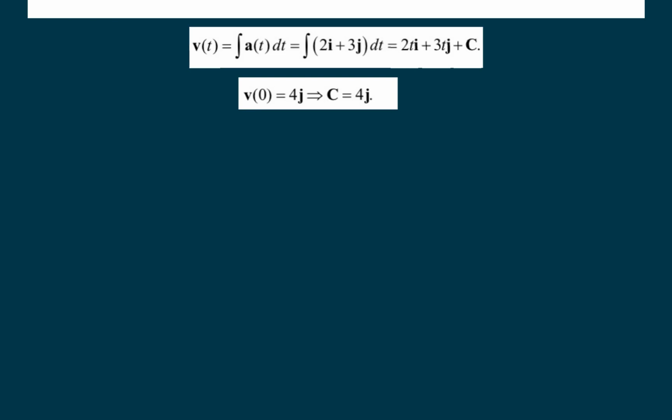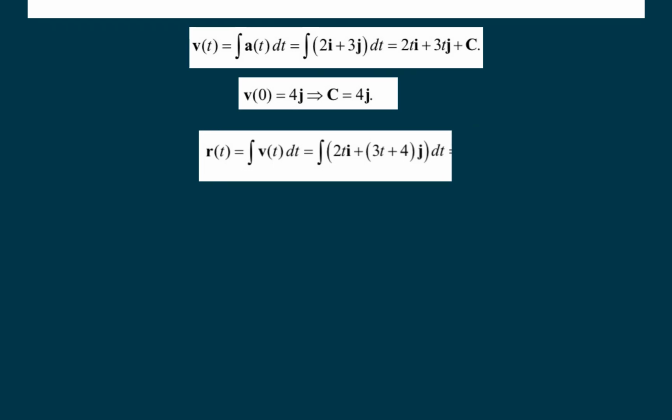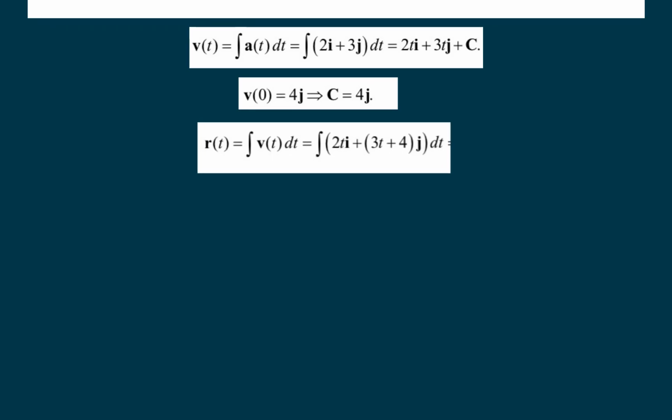Next step, find r of t. How will you find r of t? r of t will be the integral of v of t dt. Plug in v of t: 2ti plus 3tj plus 4j, because we already found that c is 4j, dt.